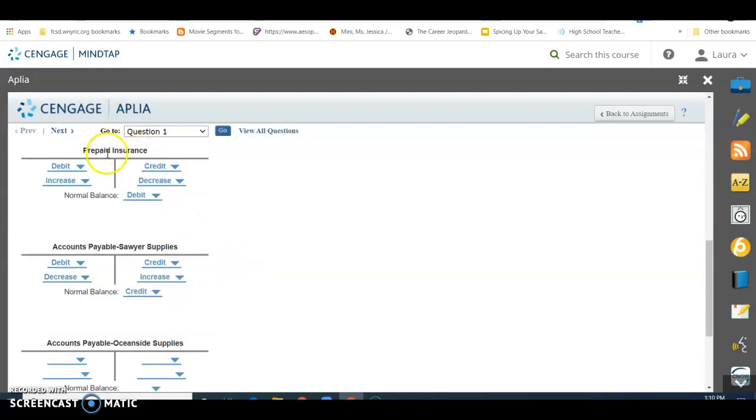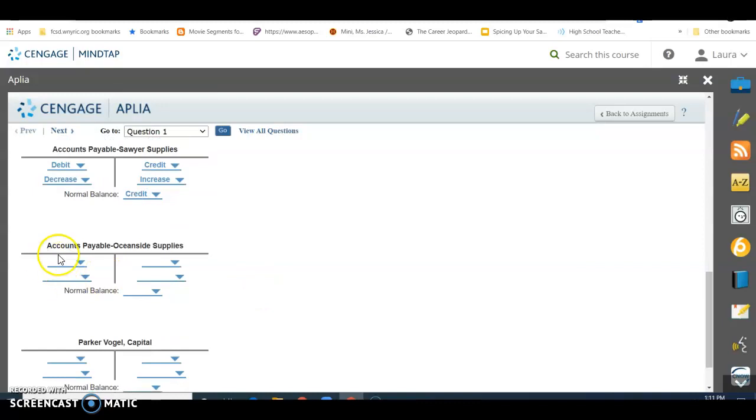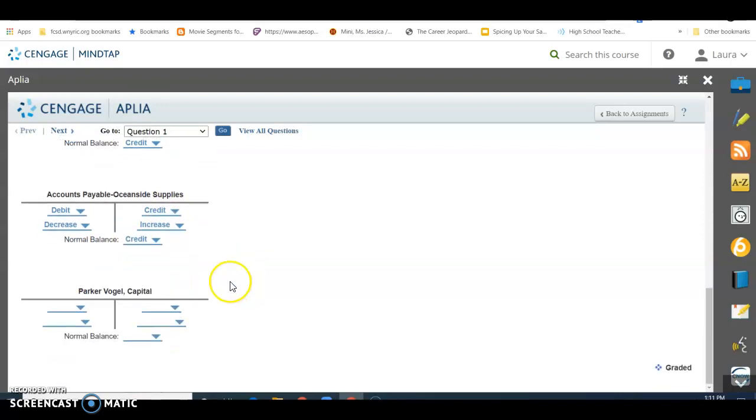That's the only thing changing from our assets up here, the increase versus decrease, and which side is the normal balance. Another accounts payable will look just like the one above, debit on the left, credit on the right. We know that it is a liability, so they increase on the credit side, they decrease on the debit side. Normal balance is on the increase side, which is the credit.